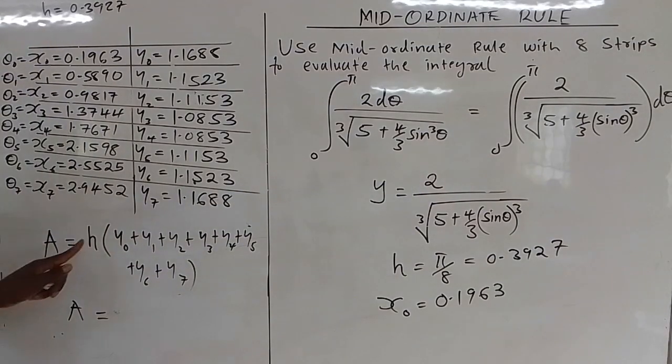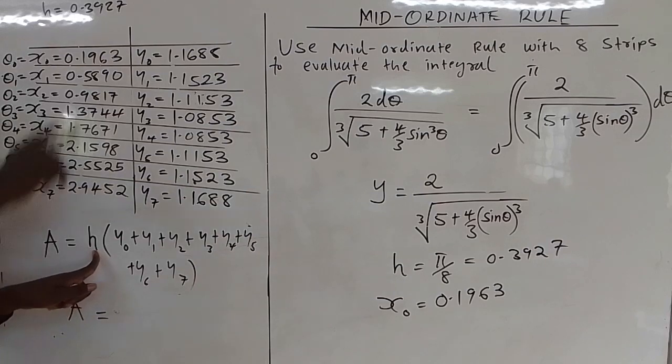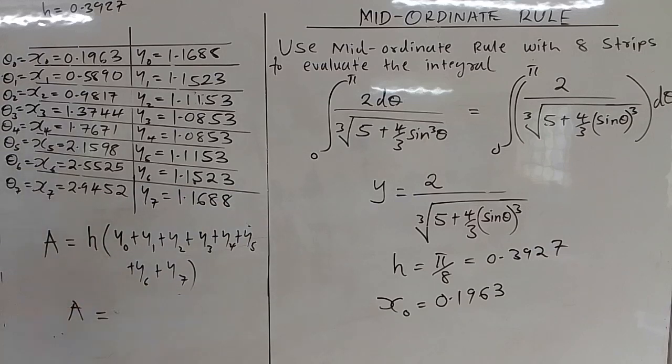So go to your calculator and put the value of H. What is H? 0.3927, then open bracket and start putting the Y values, H inside bracket.